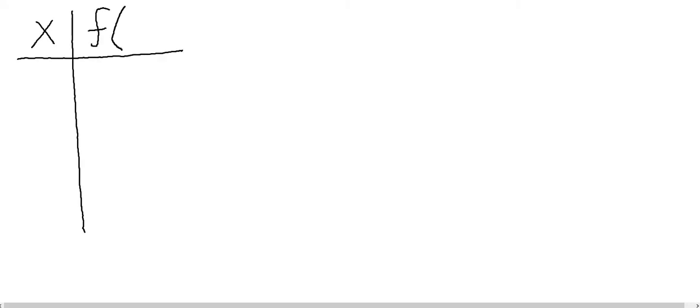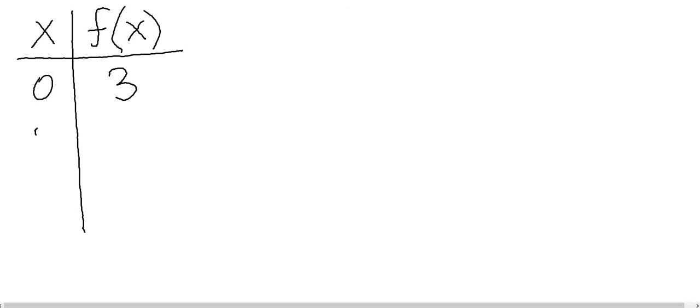Alright, so let's go to the solution. Let me just write down the x and the fx values from the question. So given for x equals 0, the value of y equals the function of x is 3.